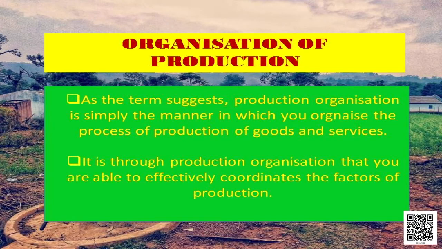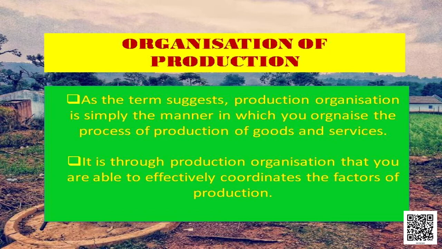That is written here on the pic. As the term suggests, production organization is simply the manner in which you organize the process of production of goods and services. What I have told you is written here. Then the next point says, it is through production organization that you are able to effectively coordinate the factors of production.